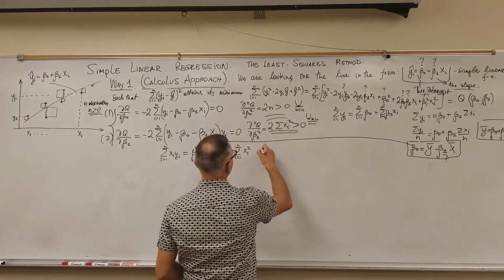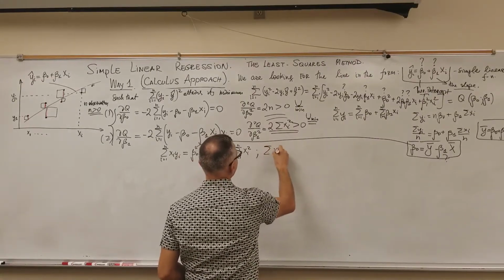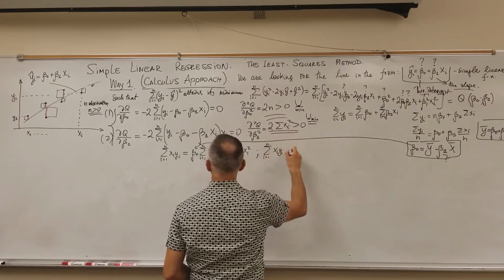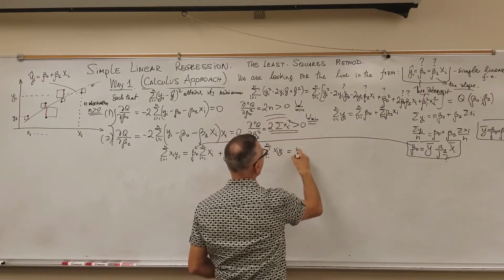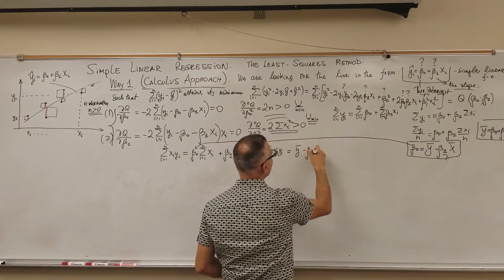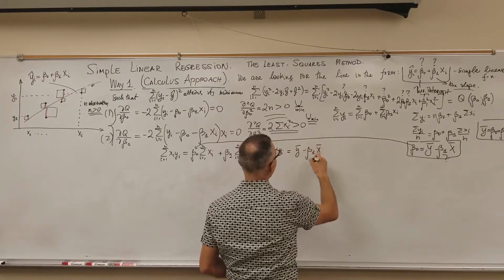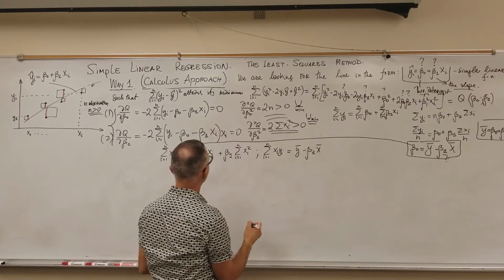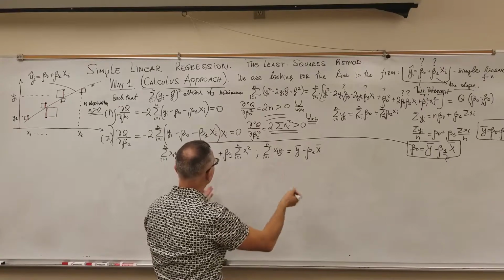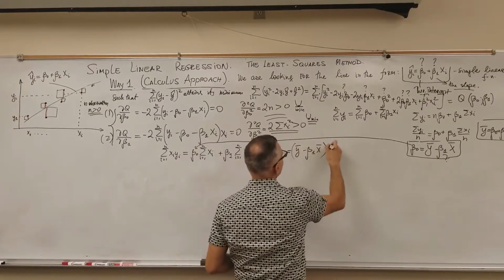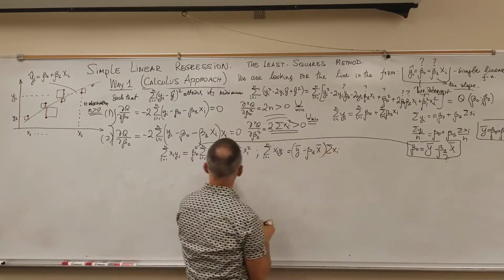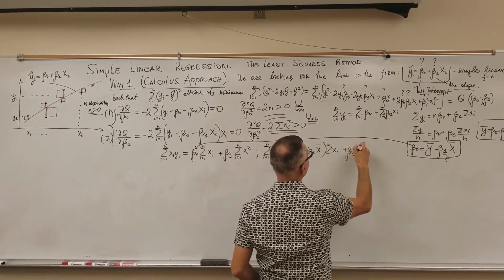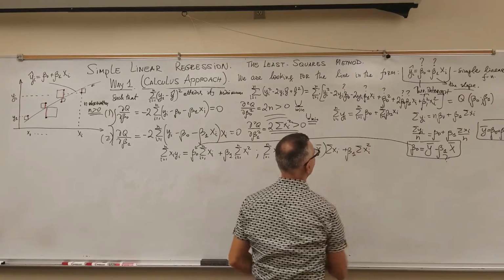So from here, the summation xi yi, i runs from 1 to m, is equal to y bar minus beta 1 x bar. That's this one. And everything is multiplied by the summation of xi's plus beta 1, the summation of xi squared.